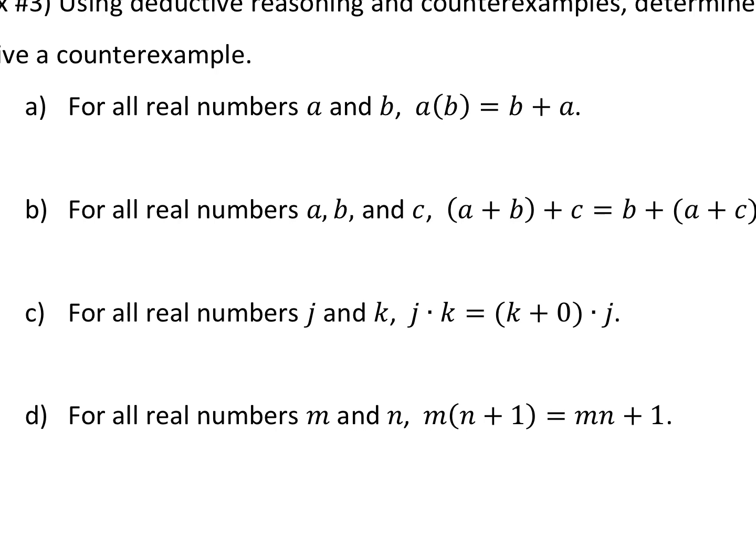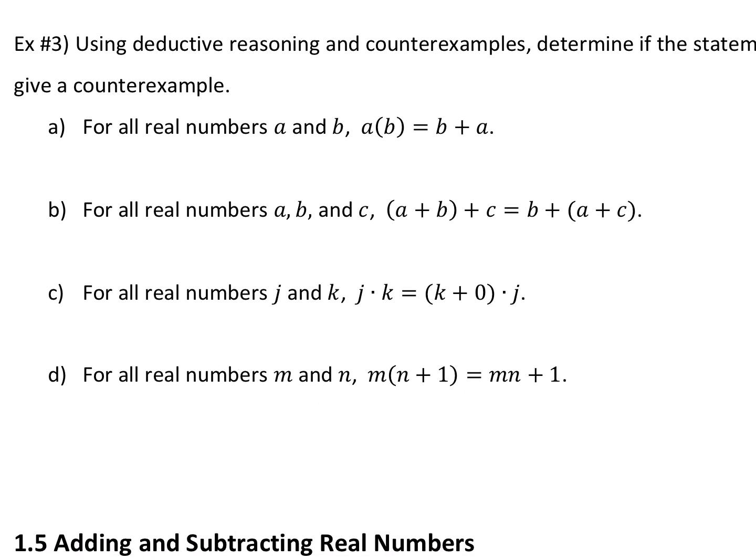All right. How we doing? Good. Let's look at letter A. For all real numbers A and B, is it true that A times B will equal B plus A? Nope. Why not? Did you get a counterexample?